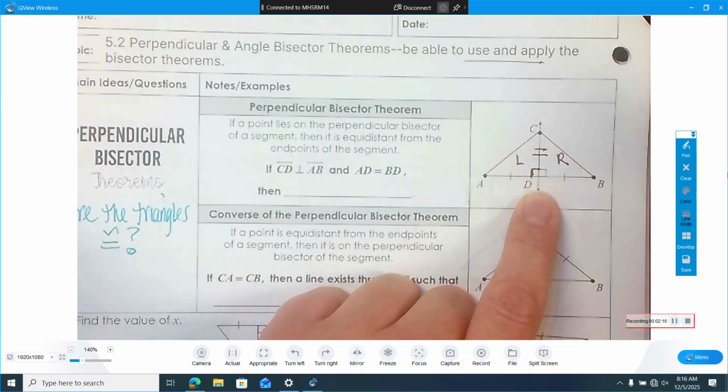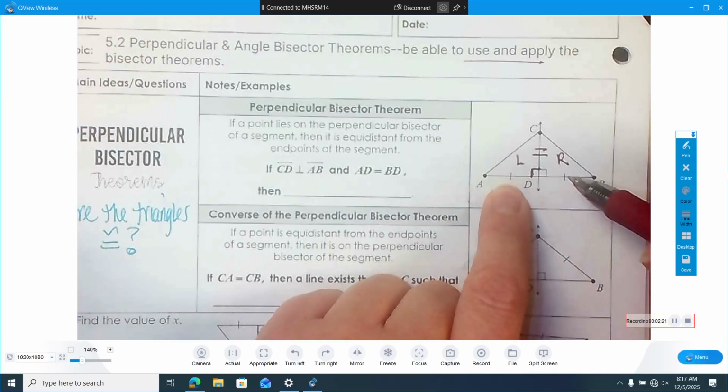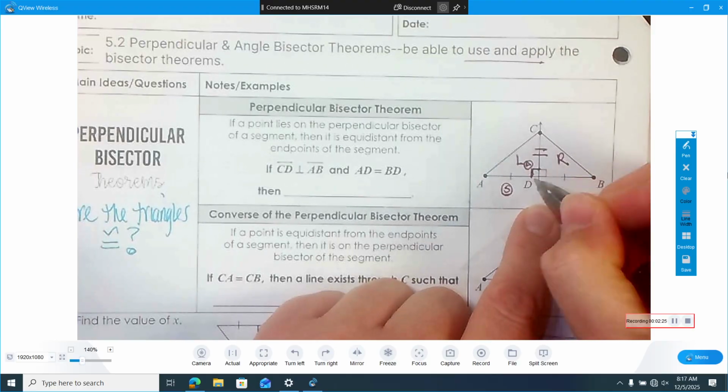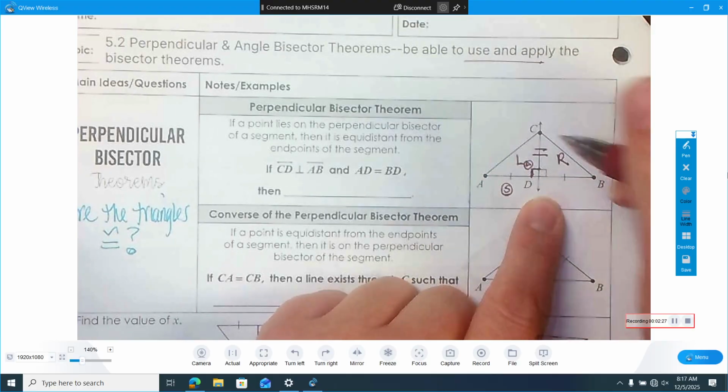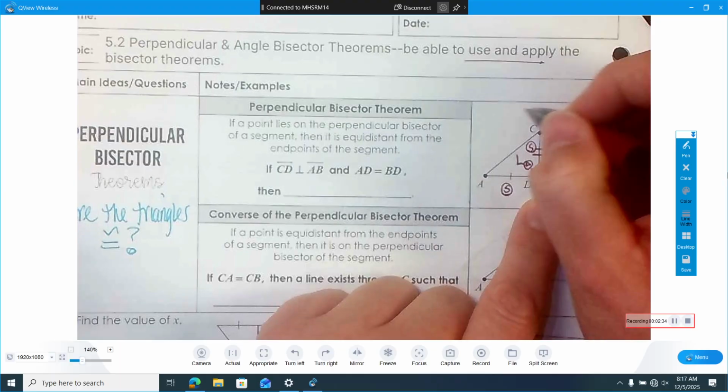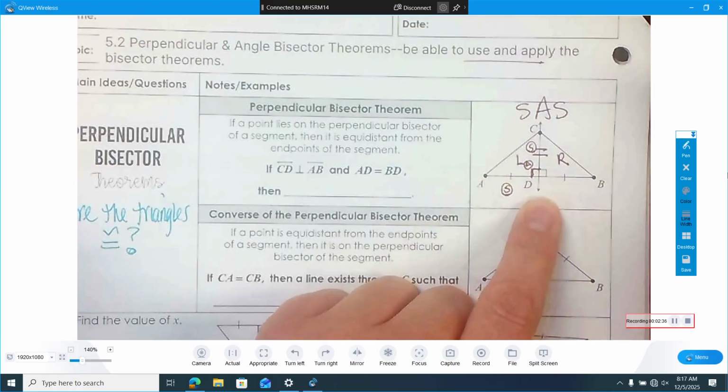So when we look at these two triangles, we have a pair of sides congruent, and some congruent angles. We have two right angles. Those are absolutely congruent. And then we have another side congruent. So are the triangles congruent? Yes, by side angle side.